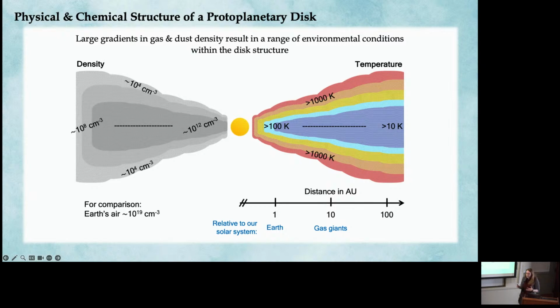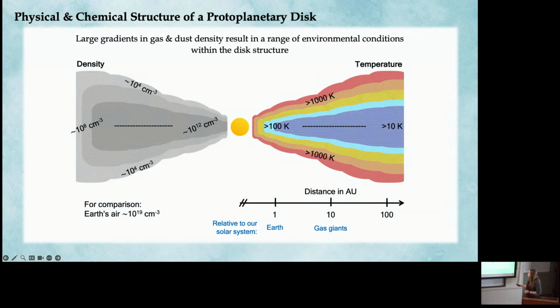These different regions of the disk are important to note because we have large gradients in the physical structure throughout the disk, in particular density and temperature, which are going to be very important for setting different regimes of different chemical reactions occurring in these distinct regions of the disk. The density tends to be higher closer to the star and lower as you get further away, and higher in the midplane and lower as you go up towards those surface layers.